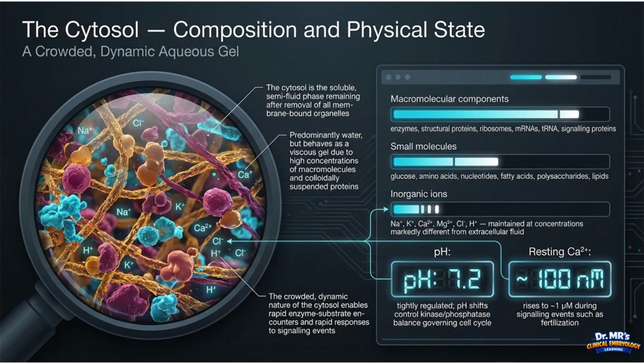The crowded, dynamic nature of the cytosol is precisely what makes it an efficient biochemical machine. Enzymes encounter their substrates rapidly, signaling cascades propagate swiftly, and the cell can respond to external and internal signals within seconds. Understanding this dynamism reframes how we think about culture conditions, because every perturbation we introduce, from temperature fluctuation to osmotic stress to light exposure, is a perturbation of this finely balanced milieu.